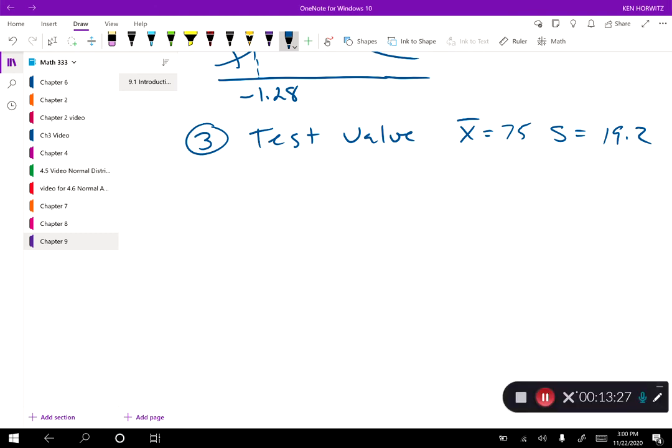And now I got to compute my test value. So I got 75 minus 80 over 19.2 divided by the square root of 36. So why don't you pause the video now once again, and let's see what number comes out.